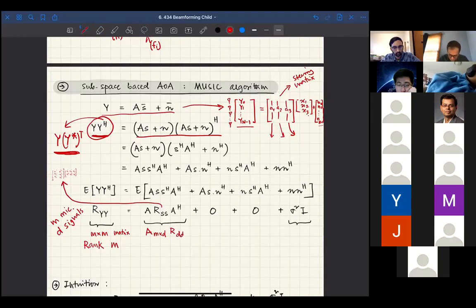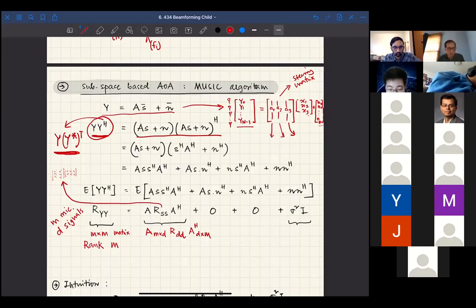And what is AH? D by M. Very good. It has to match the left-hand side, which is M by M, and this matches the left-hand side. Plus 0 doesn't matter.